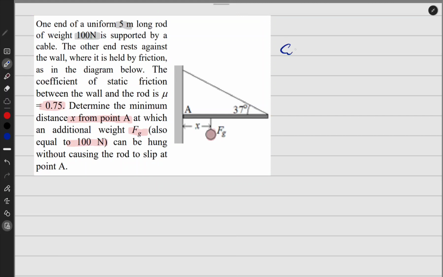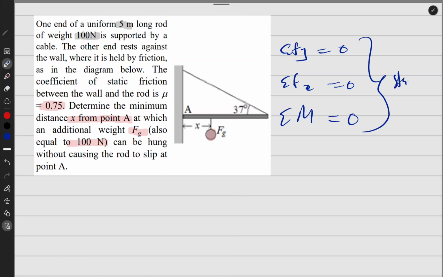You know that for statics, the sum of forces along y equals 0, the sum of forces along x should equal 0, and the sum of moments about any point should also equal 0. These are our static equations. If all these statements are true, that implies that whatever thing is static is not moving at all.